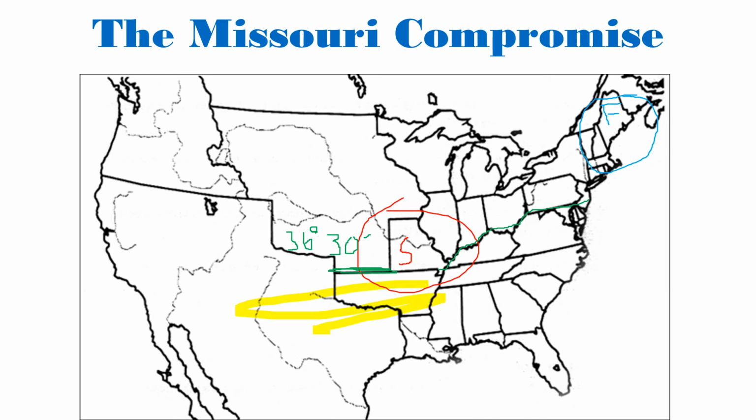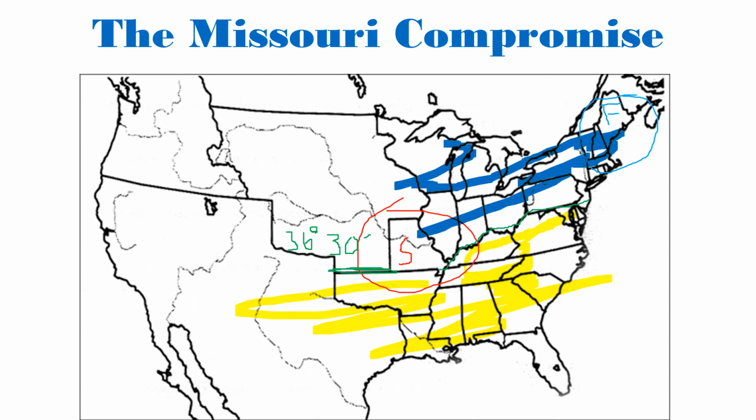So you could have slavery down in this area, but there could be no slavery north of that. That was the end of the Missouri Compromise, and it would last up until the 1840s.